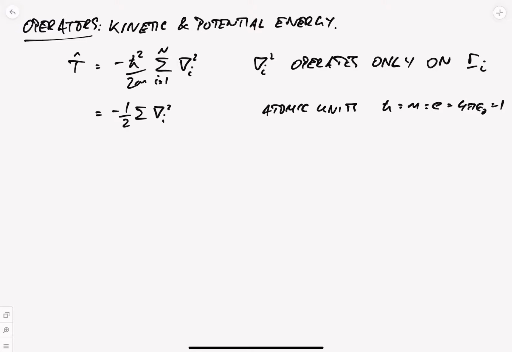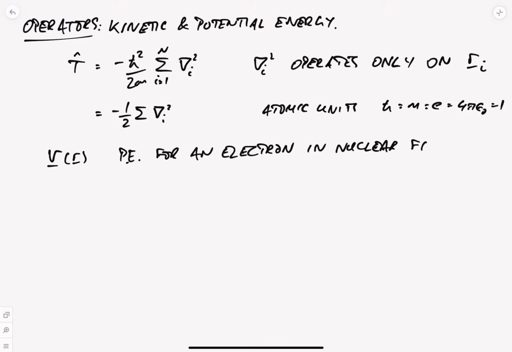If we write the potential energy for an electron at a position r in the nuclear electrostatic field as little v of r, so this is the potential energy, PE, for an electron in the nuclear field, then we can write the total potential energy, which we'll write as a capital V with a hat over to indicate it's an operator.